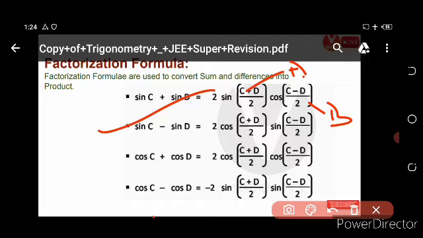Okay. By applying this, we know the factorization formulas.